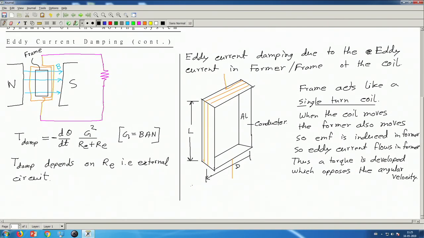So, angular velocity is d theta dt, linear velocity will be angular velocity multiplied by the radius, that means d by 2. Okay. So, this is the linear velocity.